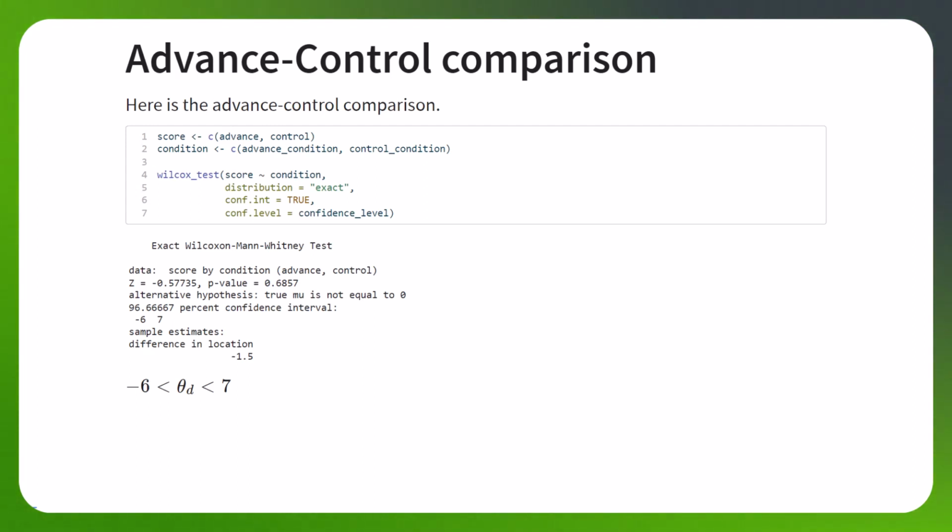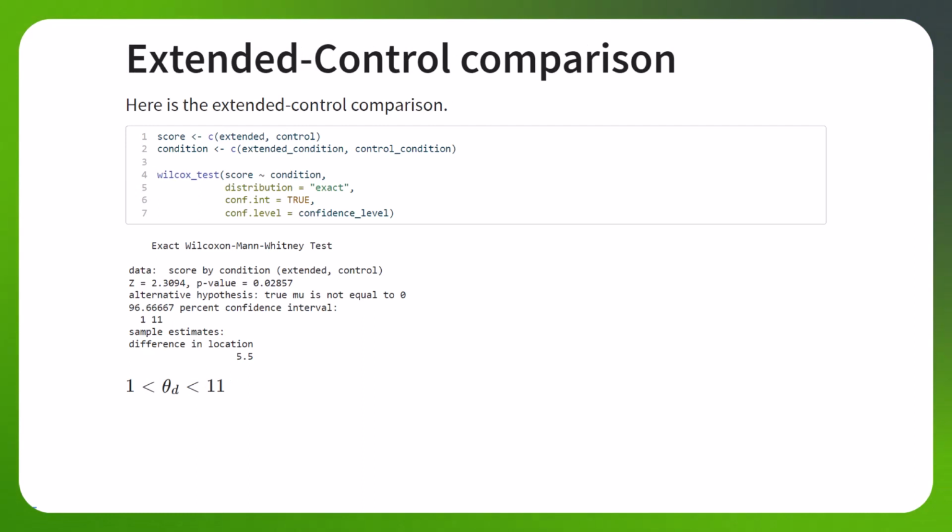This ranges from -6 to 7, meaning that the advanced group may be doing better, or the control group may do better in the population, or there may be no difference. This is not a very informative interval. Really, the only thing it tells me is that if there is a difference, it's no more than 7 points. That is, the median of differences would be no more than 7 points.